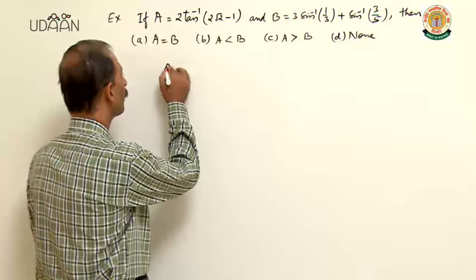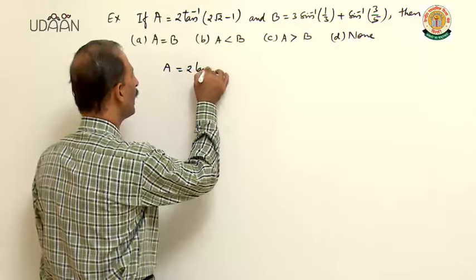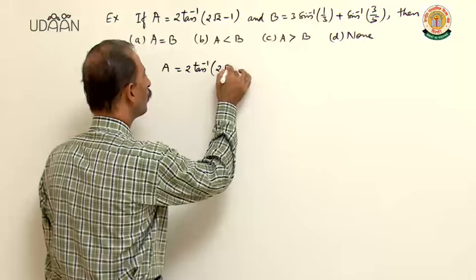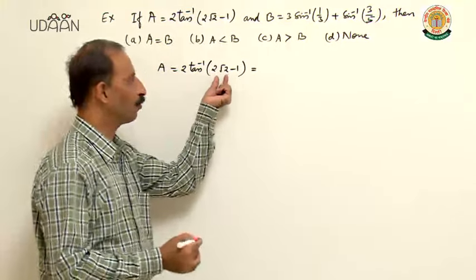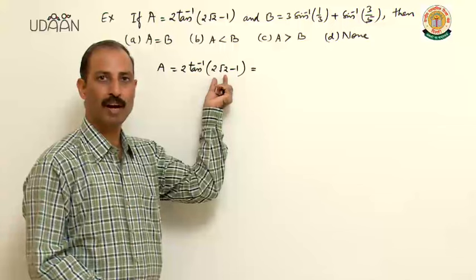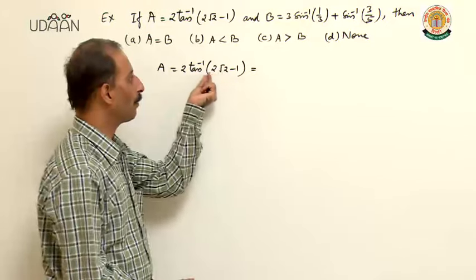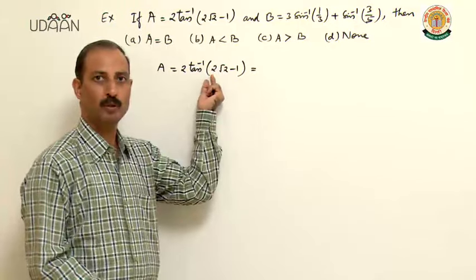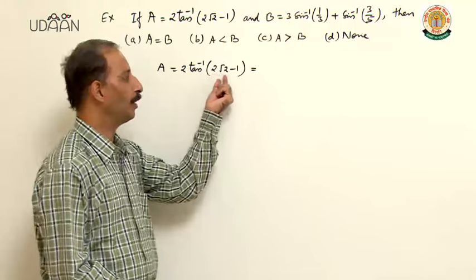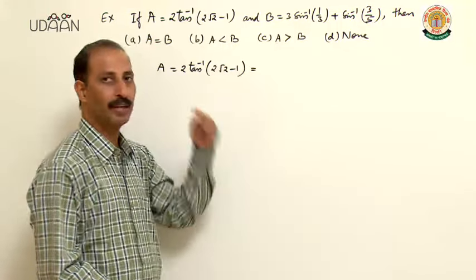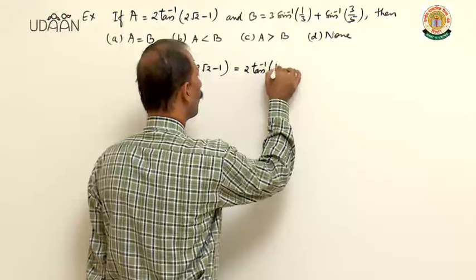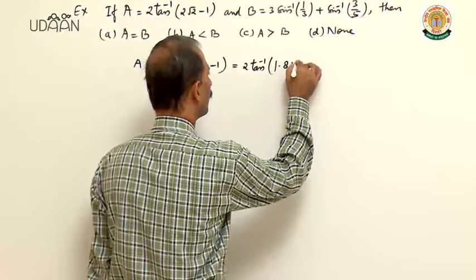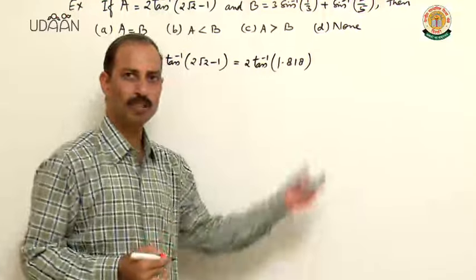A value, they have given that 2 times tan inverse 2 root 2 minus 1. Children, what is the approximate value of root 2? You can say 1.414 multiplied by 2. It becomes 2.828 minus 1. So it becomes 2 times tan inverse 1.818, near about this much.